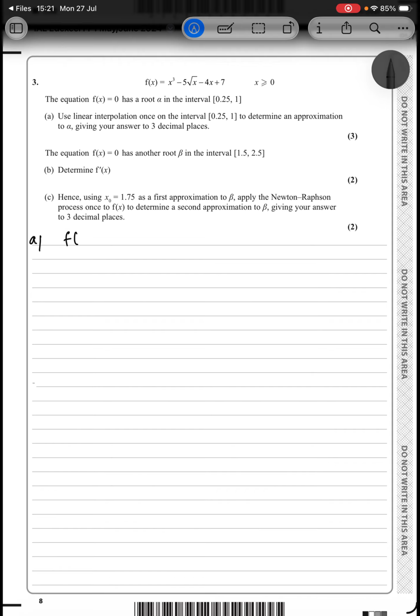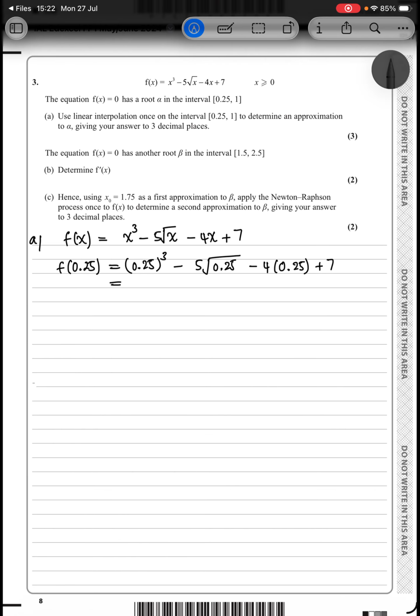So let me write down the equation first. f(x) equals x cubed minus 5 root x minus 4x plus 7, and then f of 0.25 is 0.25 cubed minus 5 times square root of 0.25 minus 4 times 0.25 plus 7. Let me put this into the calculator and find the value.